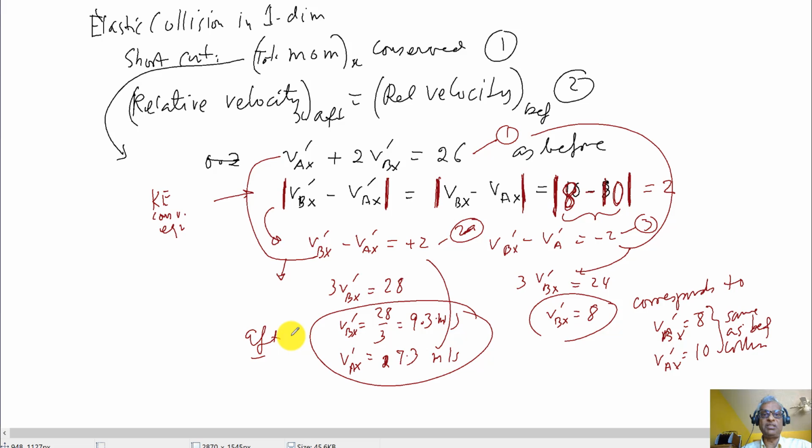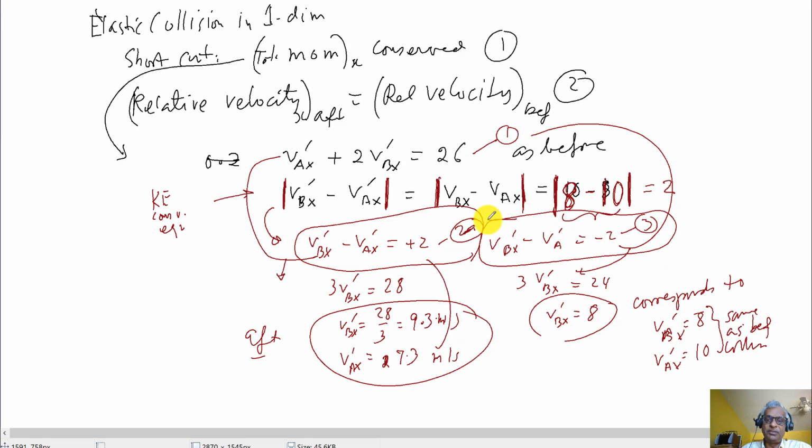Now this one is much easier to follow, except that you have to really remember that you have to work out these 2 cases, and then you decide.